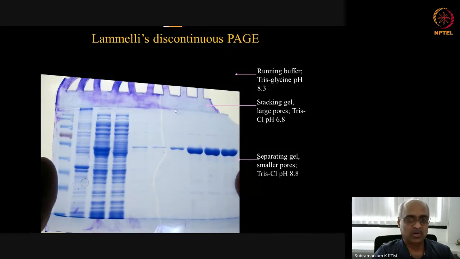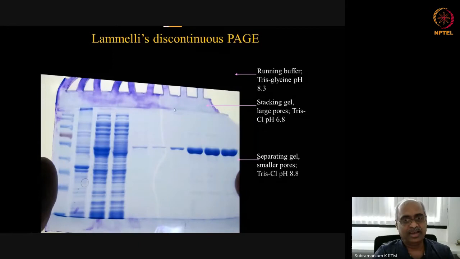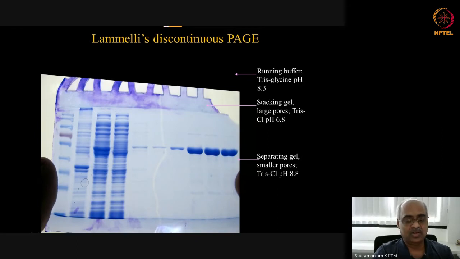Now once they slowly enter here, they quickly get ionized because the pH is high. So now glycine gets ionized, and now it starts to move steadily. And at the end, once all the chloride ions are gone, and it is all simply pH 8.3 all through, because due to the continuous flow these two are going to get disrupted, then you have a steady movement of the protein molecules as sharp bands.